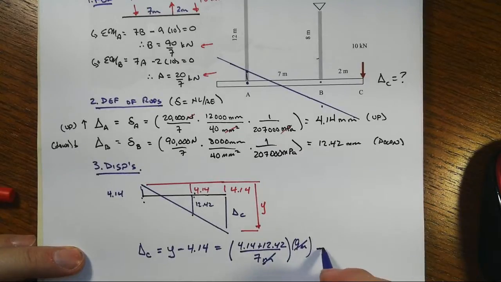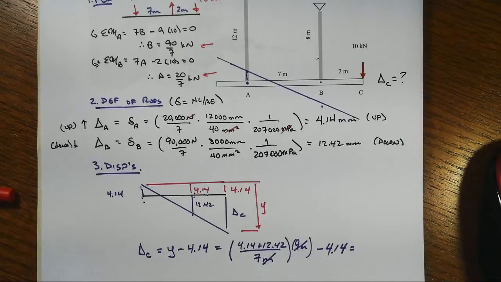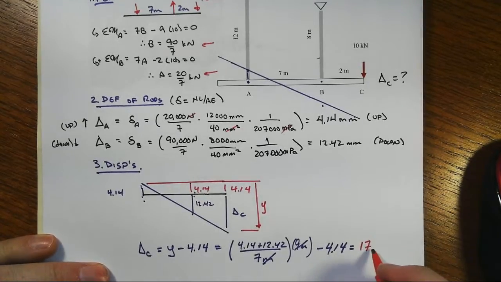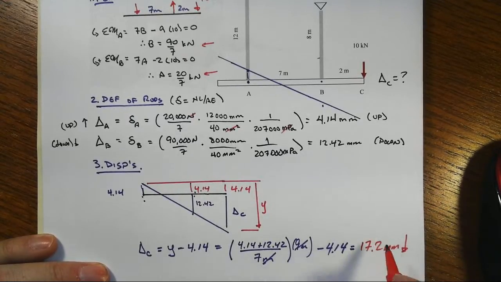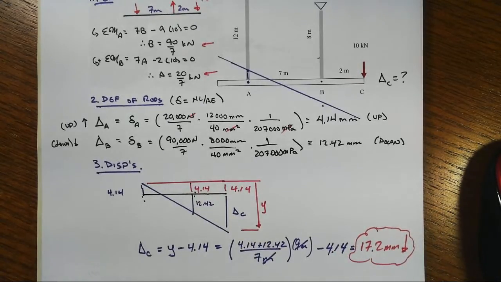And then we subtract off the 4.14, and when you do the math on that one, you should find that our answer is 17.2 millimeters moving downwards is our delta C that we were searching for.